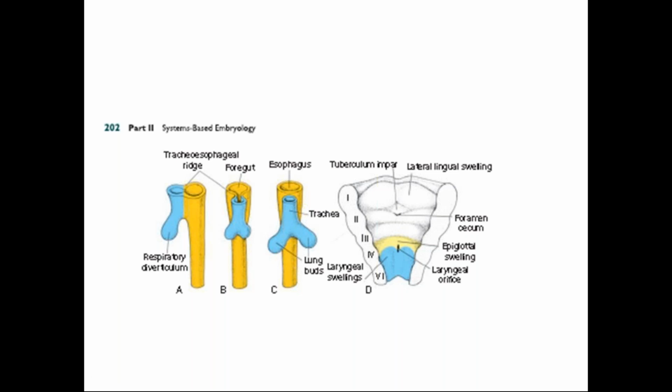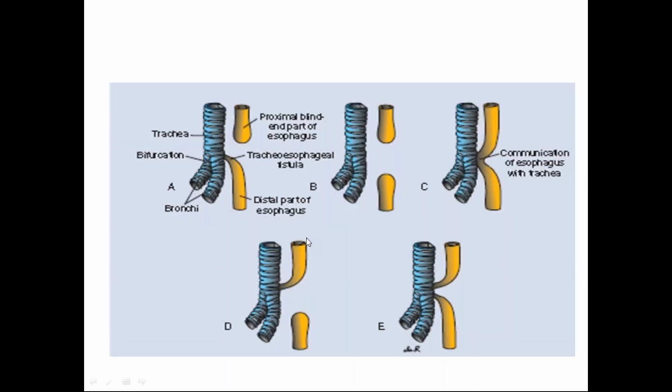Or we call it in the pharynx, the laryngopharynx. So which is made up of certain cartilages from the 4th and the 6th bronchial arches, and this would continue growing caudally into the principal bronchus and they would be dividing.